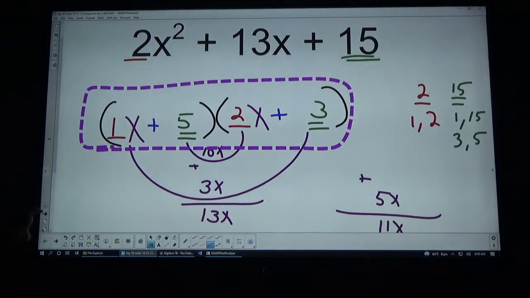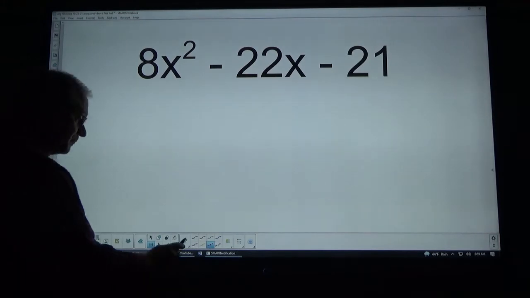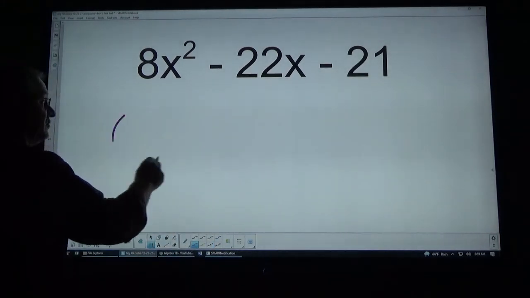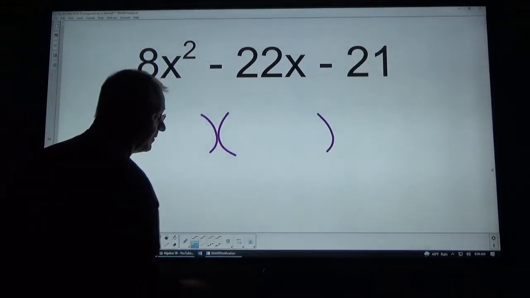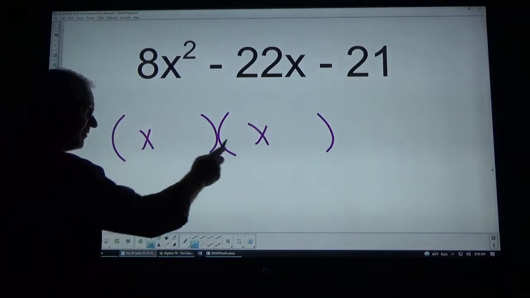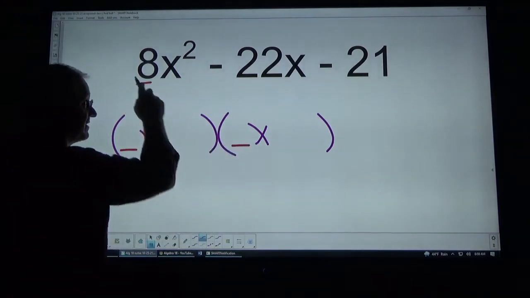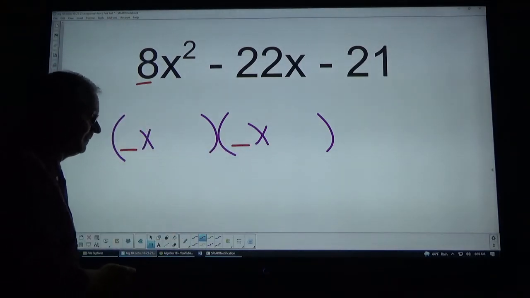All right, now that we've done that one, let's try and look at another example. Again, two sets of parentheses. Your variables go in the beginning, but with a little gap there, so we can do our pair of numbers to give us 8, single underline.